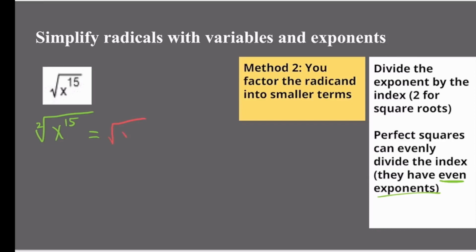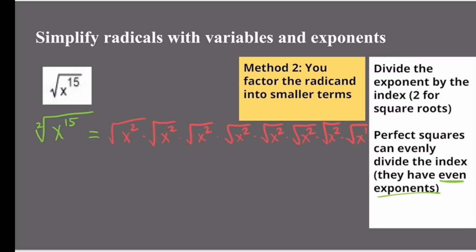So x squared, plus 2 is x to the 4th. Plus 2 is 6. Plus 2 is 8. Plus 2 is 10. Plus 2 is 12. Plus 2 is 14. Plus 1 is 15.